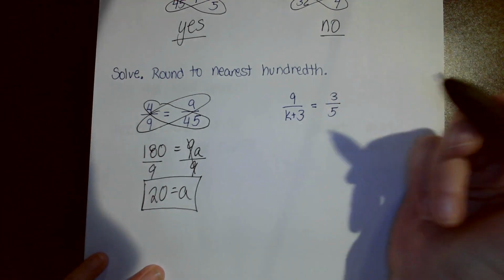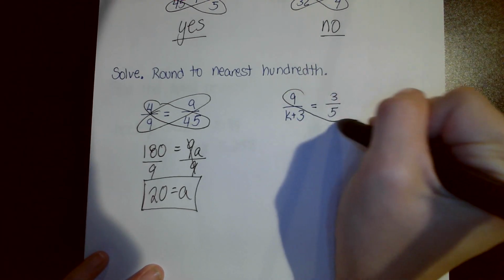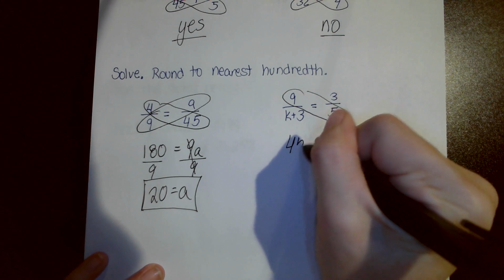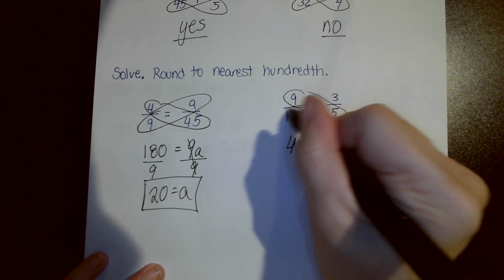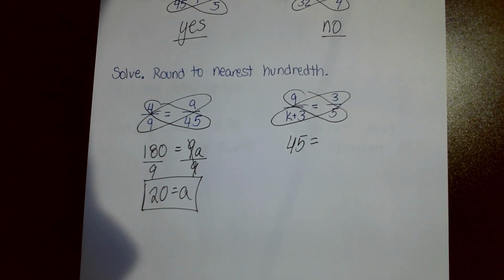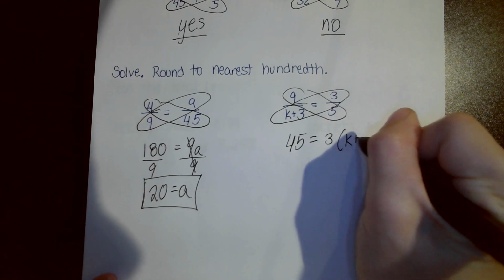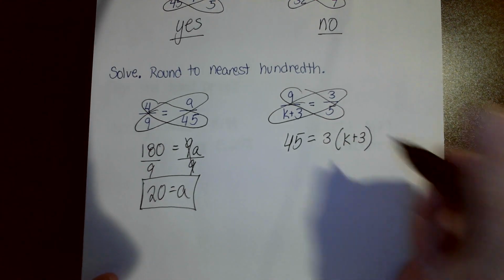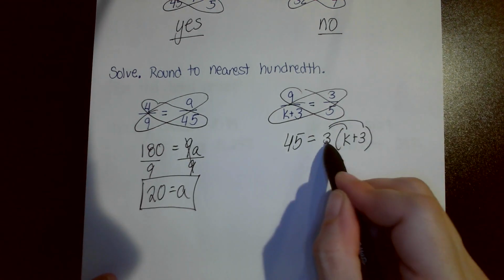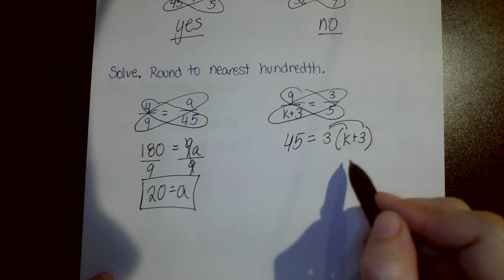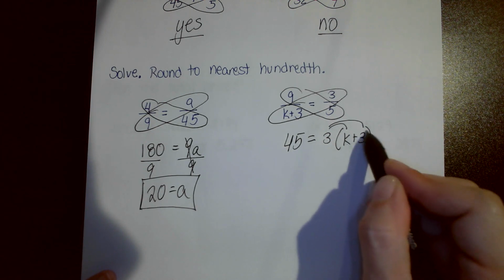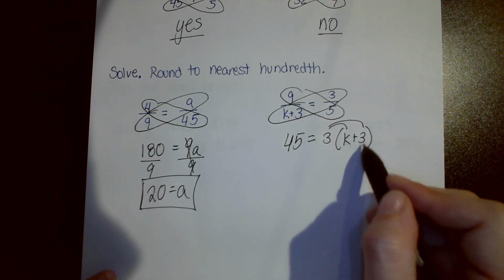And the last one, so we have 9 times 5, that's nice and simple, 45. But then we have 3 times k plus 3. So remember, this is where we need to use parentheses. From here we distribute. Make sure to distribute to both pieces. The most common easy mistake is to forget to multiply the second term.